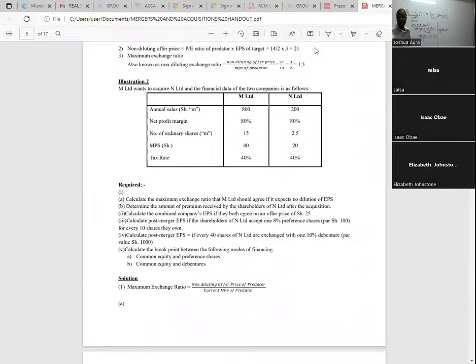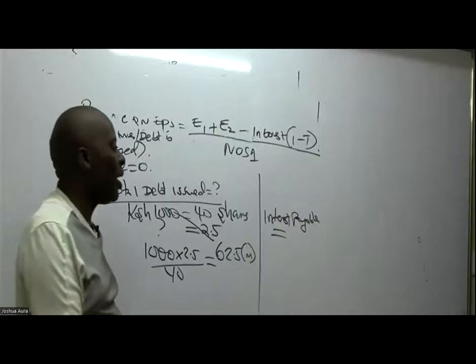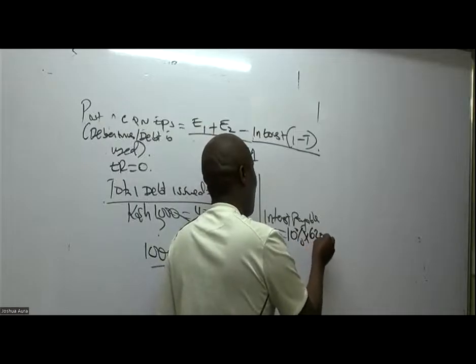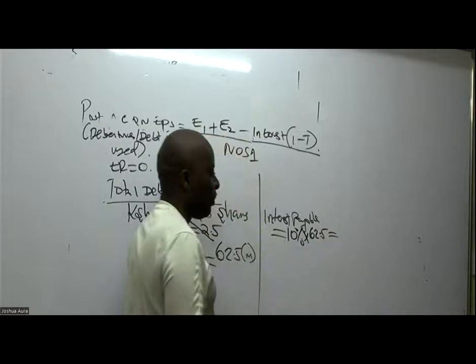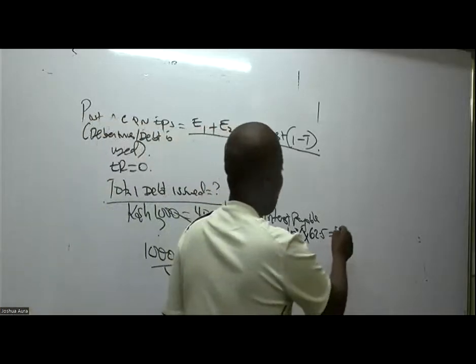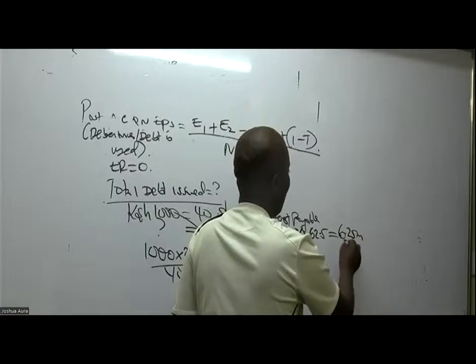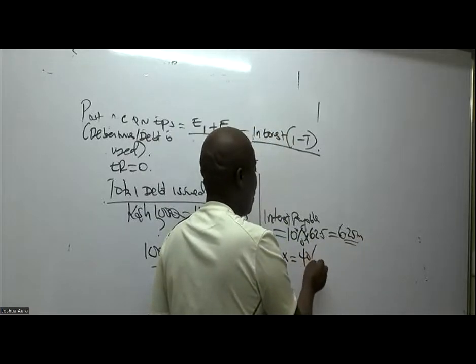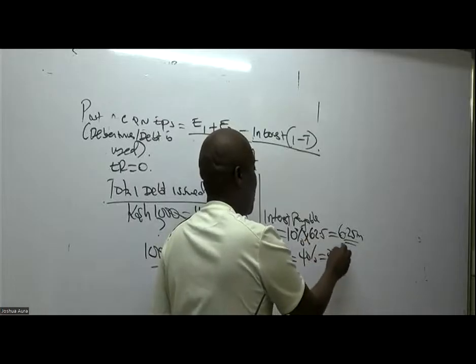So interest will be 10% of 62.5, which gives 6.25 million. And then, of course, they have given me the tax rate. The tax rate in the question is 40%, which is the same as 0.4.